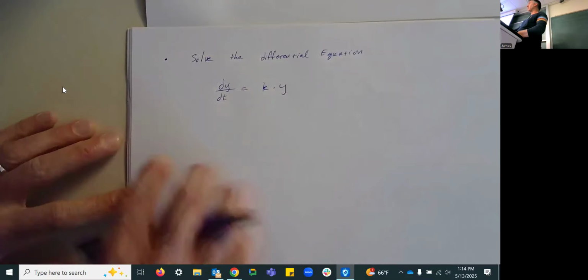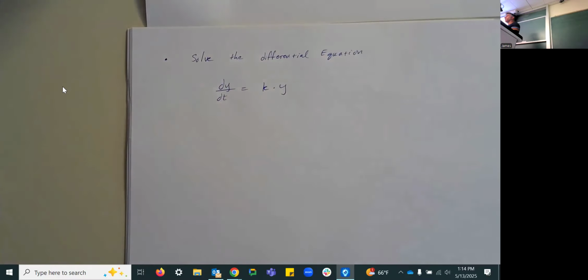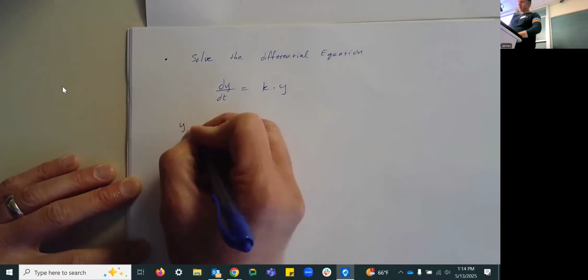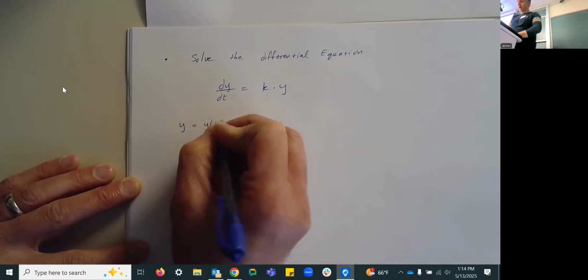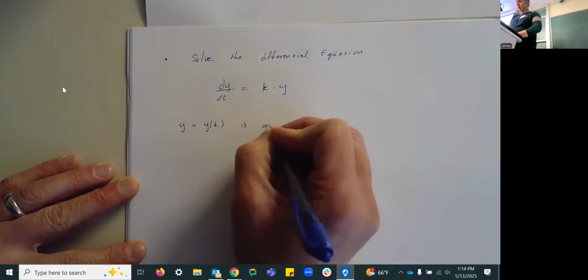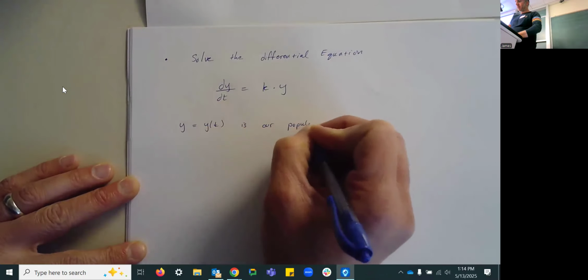So what does this say, though? Because really, what's more important here is understanding the meaning of this differential equation. A typical way to imagine this is to imagine that y, or y as a function of time, is our population size.